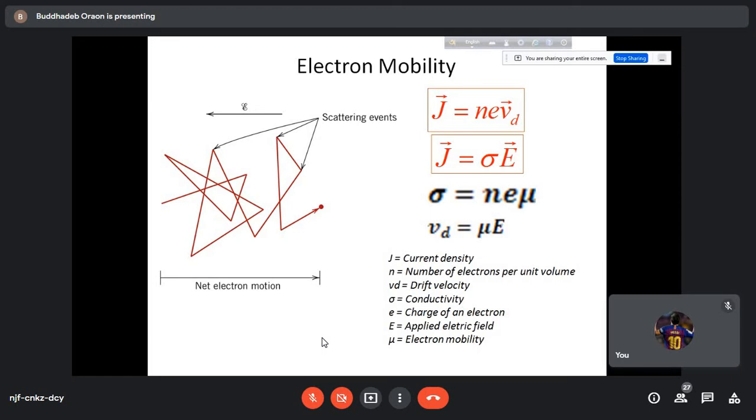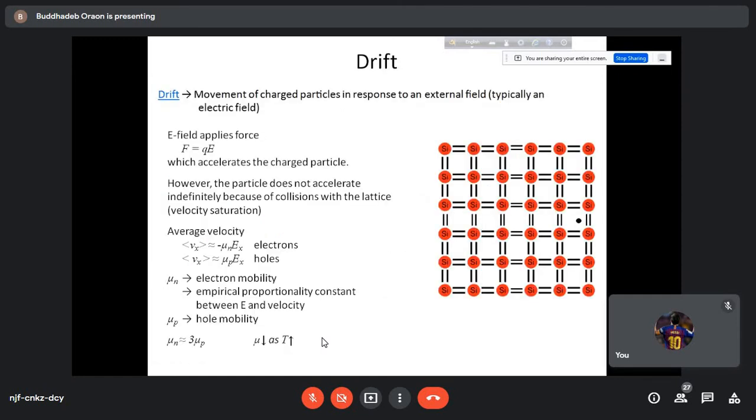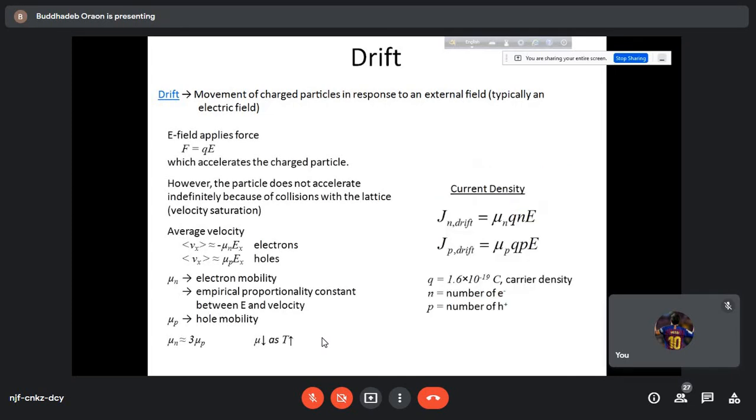Okay, so this equation sigma equals n e mu, you know this. Then drift velocity equation. Next comes the change of mobility, how mobility depends on the temperature. Some points have been noted here, so you can just glance through these points.